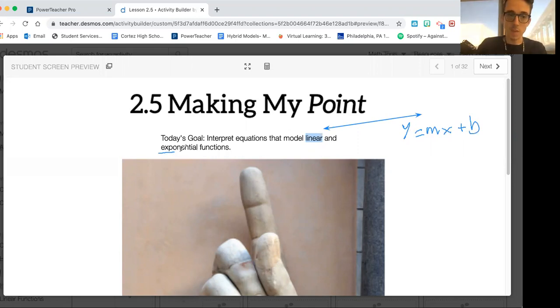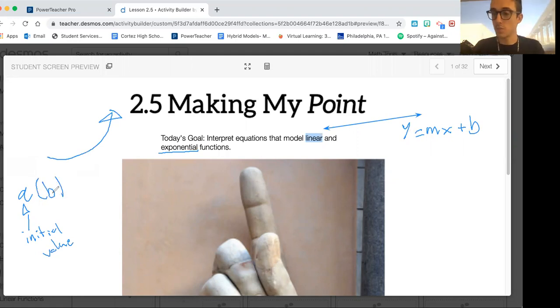And also talking about exponential functions that may have more of an arch to it and has an a term, which is the initial value. So the starting value, if you will. The b term, which I usually like to put in parentheses, do you remember what the b term is?